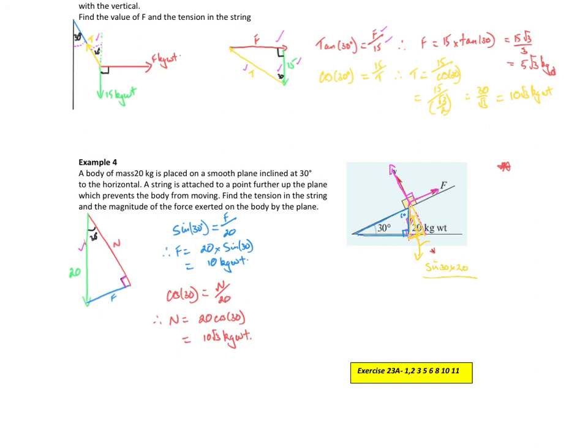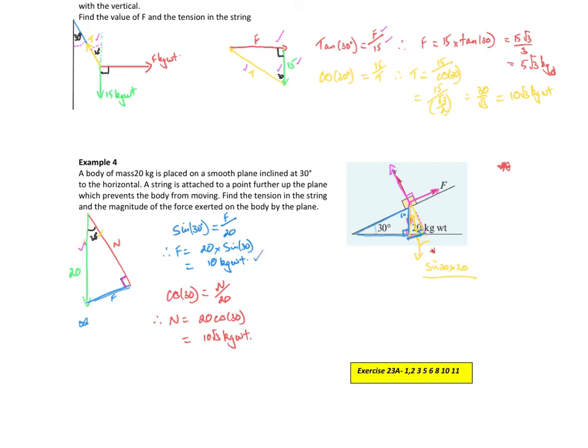Okay, so I'm just getting that angle in here of 30 degrees justified. All right, so now that we've got that angle, you can see this blue F force on my triangle over here on the left is this one here that I created in that little triangle there. So F on 20, opposite over hypotenuse, is equal to sine 30.